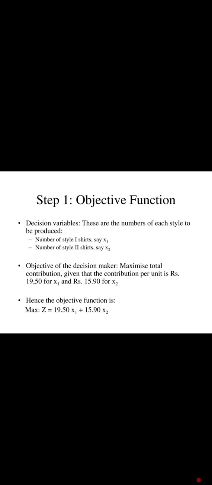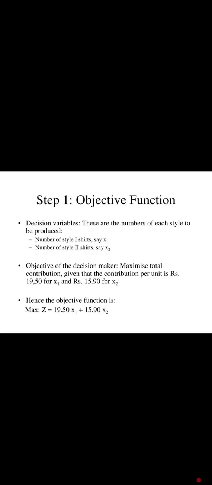Step first, we find the objective function, and first we decide whether the objective function for the problem is to minimize or maximize. That depends on the decision variables, that is, the number of each style to be produced: the number of style 1 shirts, say x1, and the number of style second shirts, say x2.